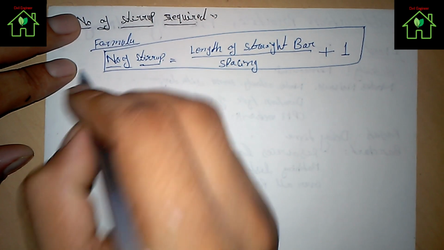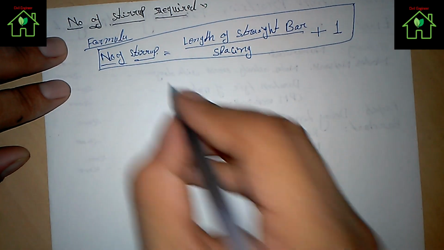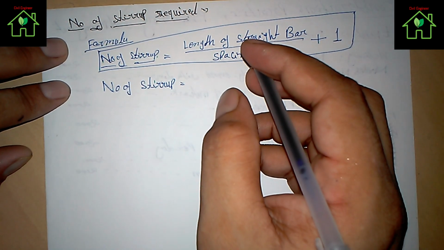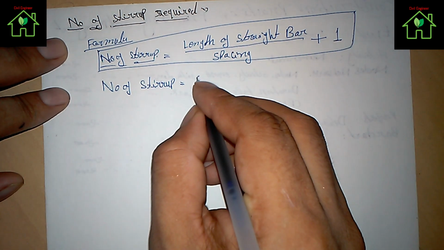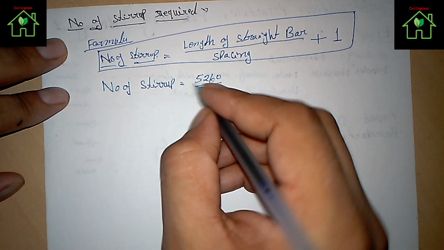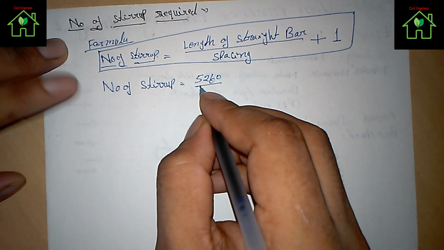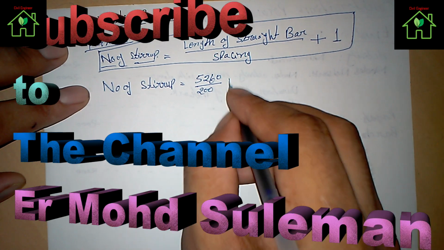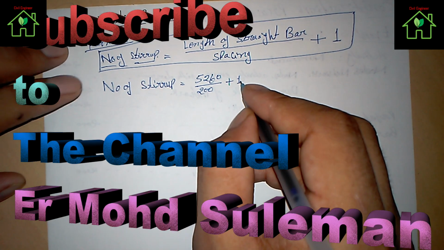So the length of straight bar is 5260 divided by spacing 200, plus 1.